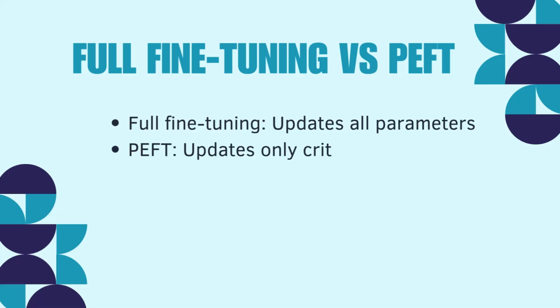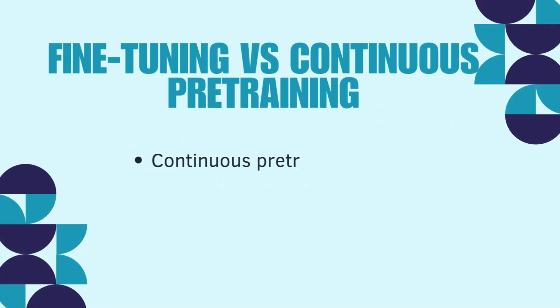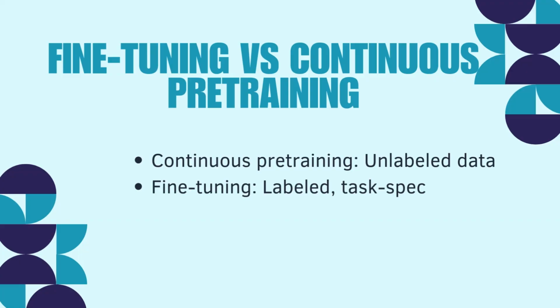Parameter efficient fine tuning or PEFT updates only the most relevant parameters. It delivers comparable performance improvements while using far fewer resources. Fine tuning is especially useful for highly specialized tasks, consistent output formats, sentiment analysis, and industry specific language. It also helps reduce bias and improve real world accuracy.